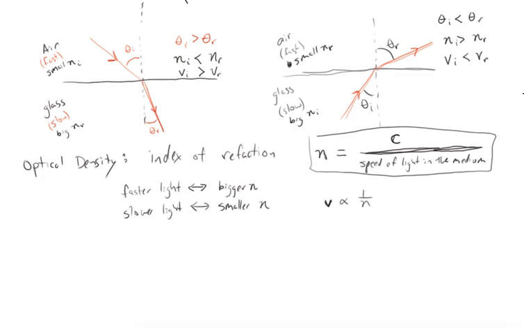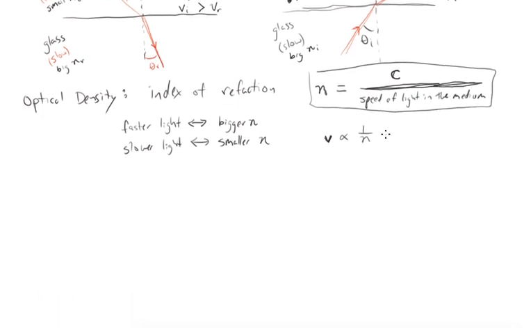Now, what good is it? Well, it turns out it's pretty good through something called Snell's law. And there's a couple different ways you will see it. I think in your data booklet you're going to get one version. I usually like to write it this way: n sub I sine theta I equals n sub R sine theta R. And so that's the way I remember it.